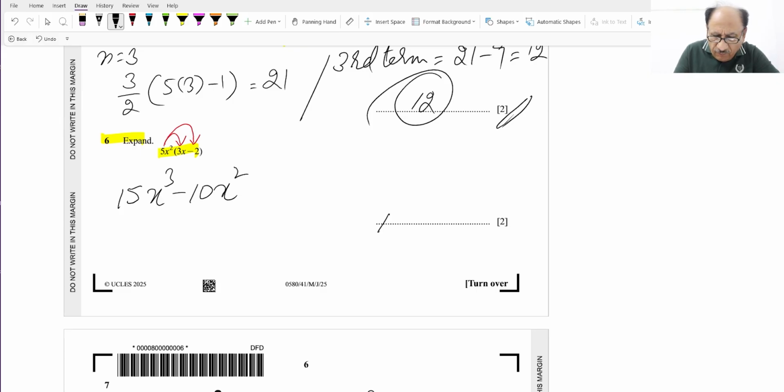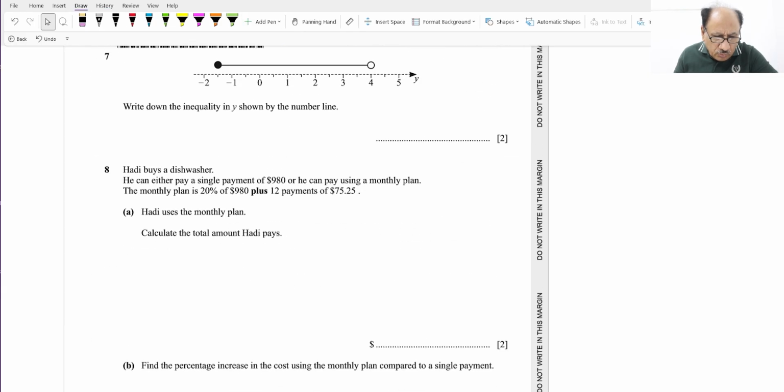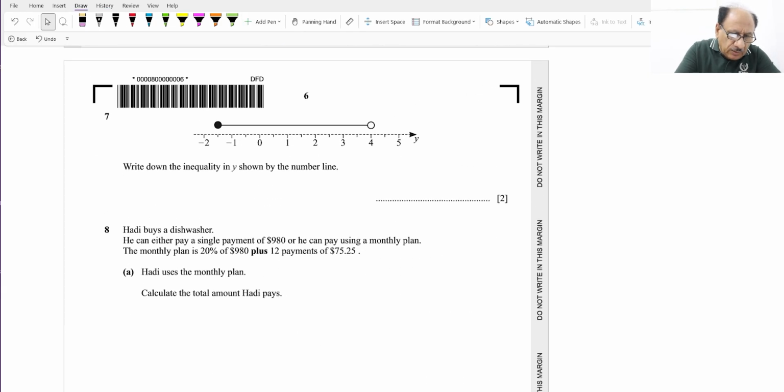This will be our final answer, 15x cube minus 10x square, and this is for 2 marks. Hopefully you understand this.